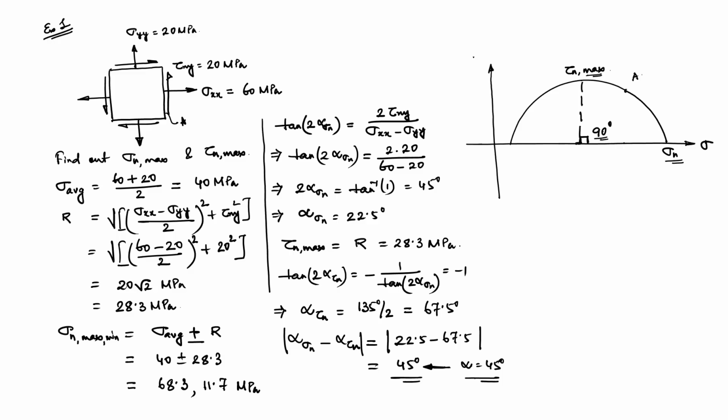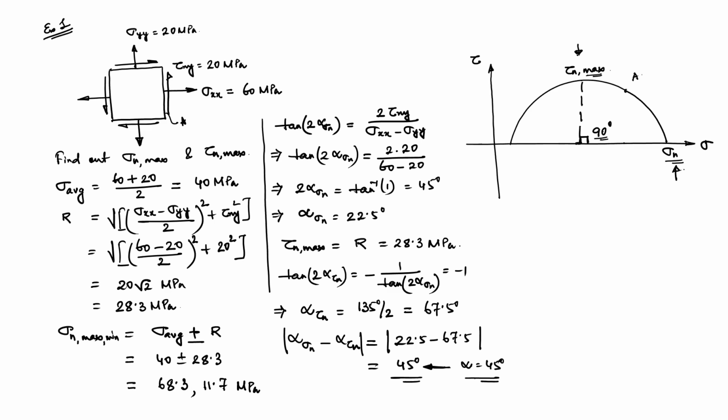So, we draw the half circle. If required, you can also complete the circle, but this half circle provides us all the information. What we need is principal stress and maximum shear stress. These are the two stress components that we need for design.